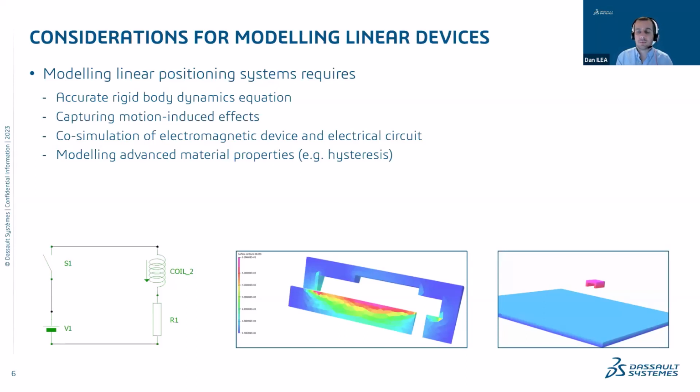So hysteresis: because the moving part is moving constantly between different positions, it can accumulate a remanent field over time, which will change the behavior of the actuator.